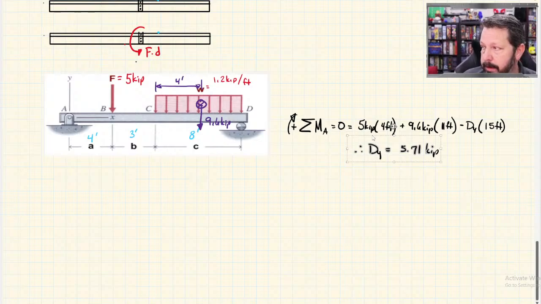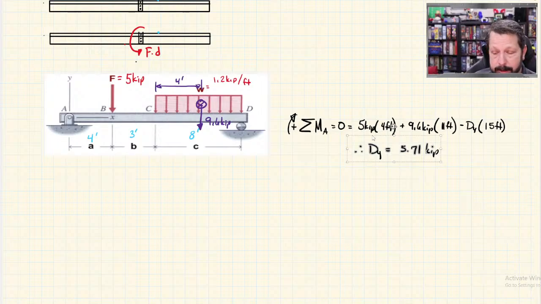You may not end exactly at 0. As long as you're within some minimal tolerance, that's probably fine. It just means you rounded. But if you're off by a lot, then you probably did something wrong, so you might want to check all your work again. I probably will be off a little bit in the moment diagram just because I'm rounding here.